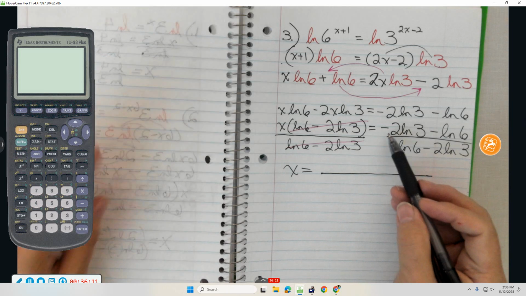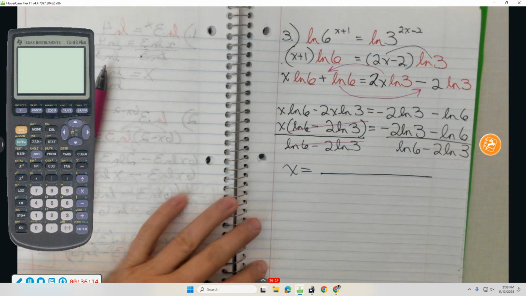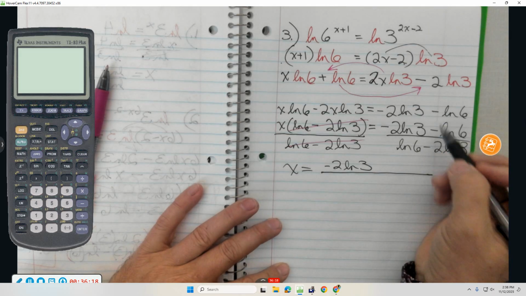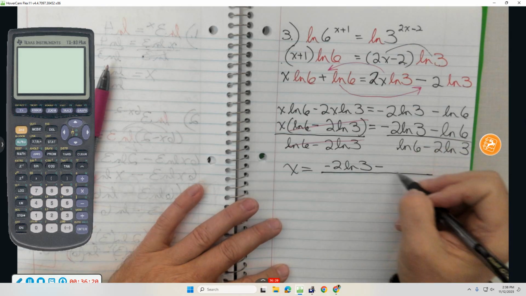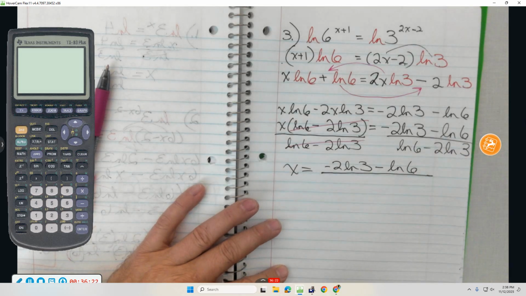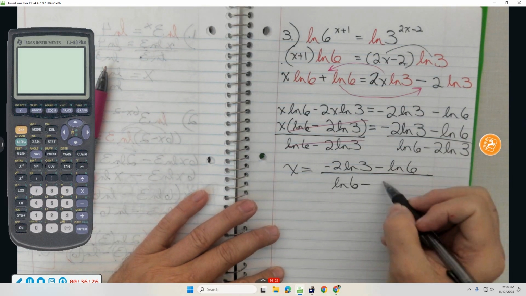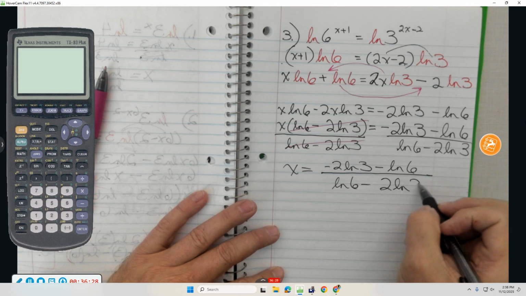On top, that's a negative 2 ln 3 minus ln 6. And on the bottom, we have ln 6 minus 2 ln 3.